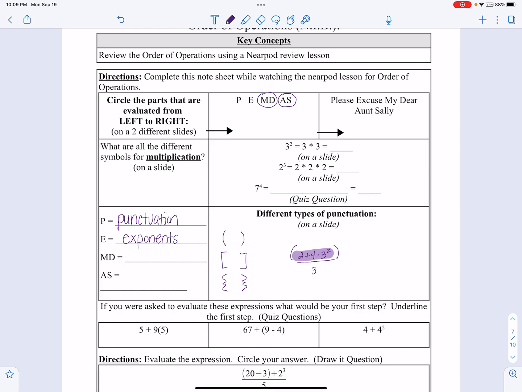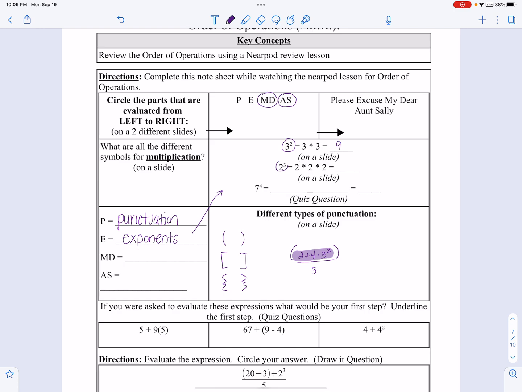Okay, and just a review for exponents. Let's go up to here. Remember that exponents, we say 3 to the second power, 2 to the third power. And so, excuse me, just remember that is not 3 times 2. It's actually telling you how many times to multiply the factor 3. So we have 3 times 3 is 9.